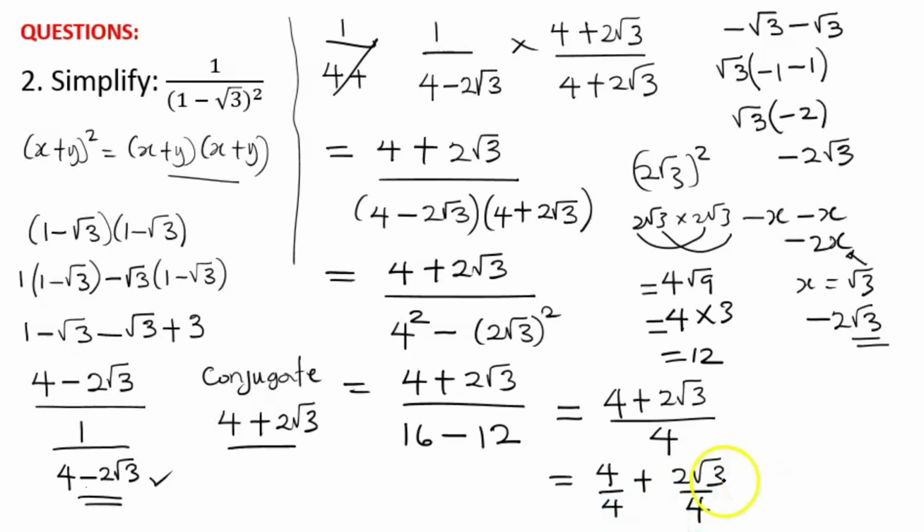I can, depending on how the examiner wants it. Because I'm seeing some common factors, I can just do this, so that I can have 1 plus, then at the numerator root 3, and at the denominator 2. So you can leave your answer like this also. It can be this or further simplified down to that particular answer.